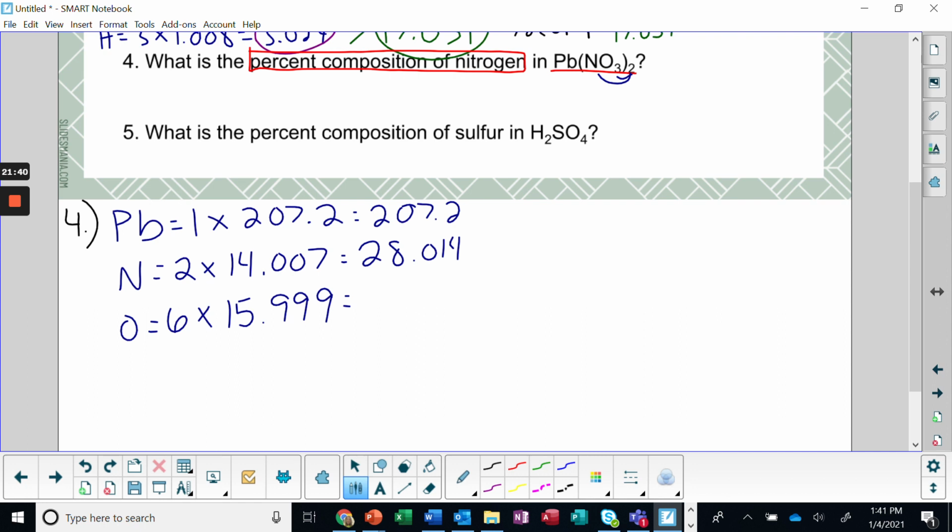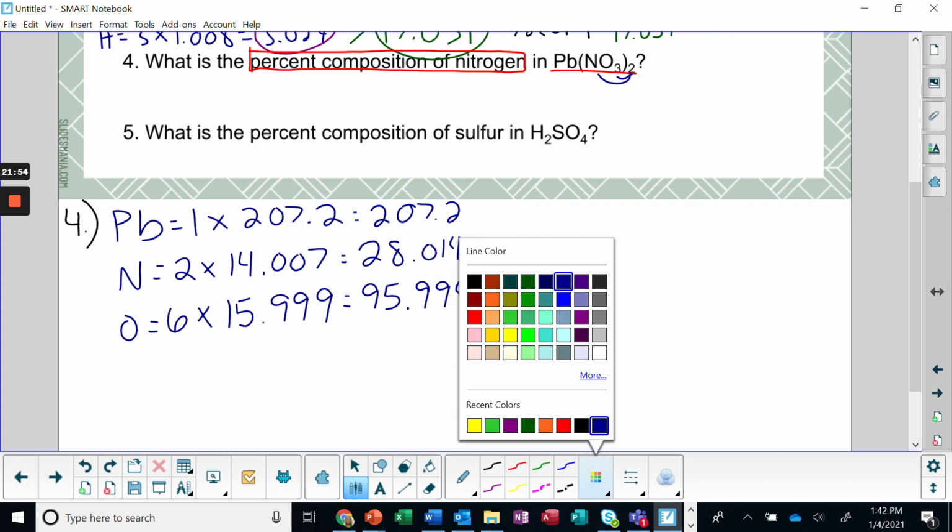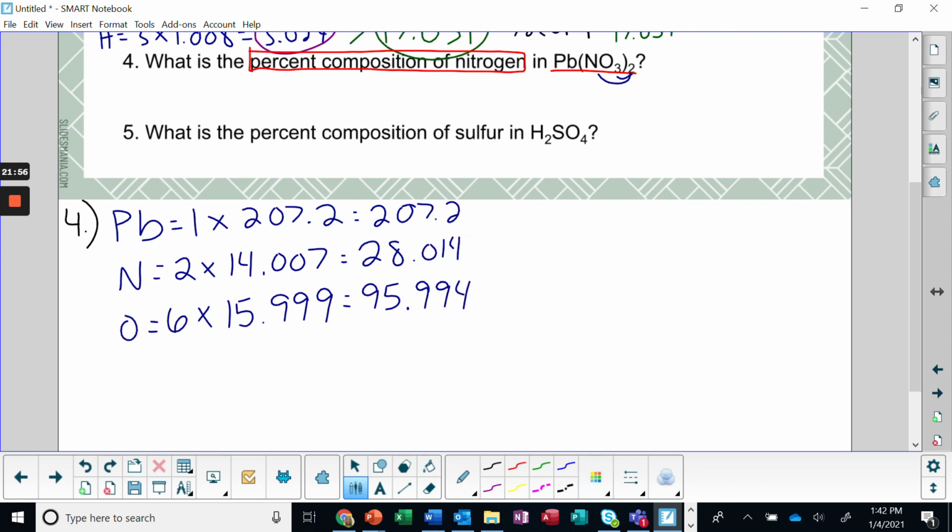Forgive me. Now I want the mass of the entire compound, so I'm going to add all those guys together.